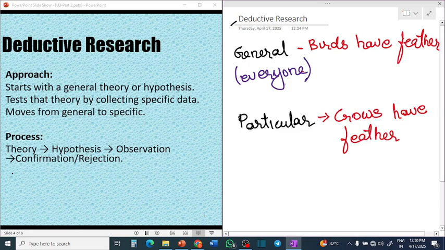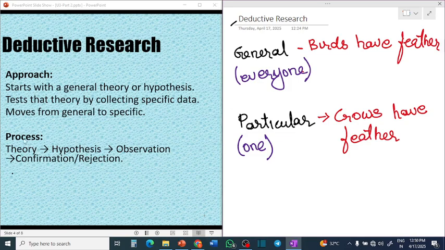Like birds have feathers, so all the birds will have feathers. And in the particular statement, we are selecting one, like only the bird which is the crow. So crows have feathers. This is called deductive research, in which we go from general to particular.